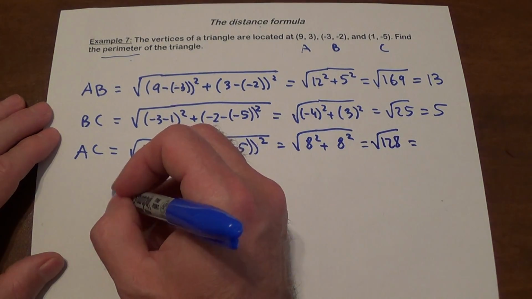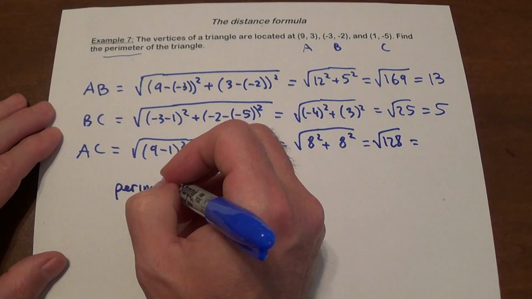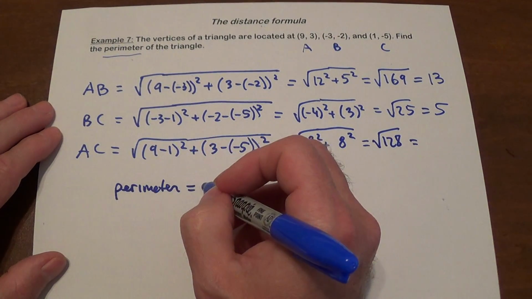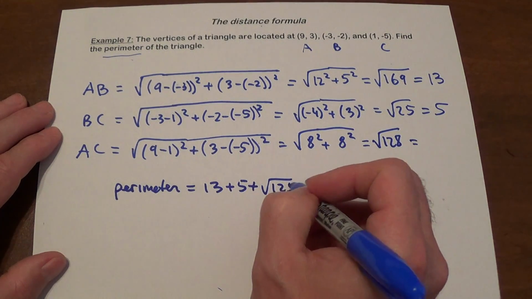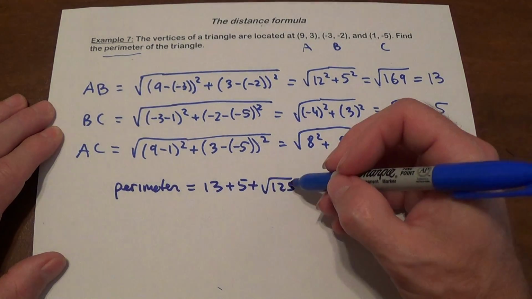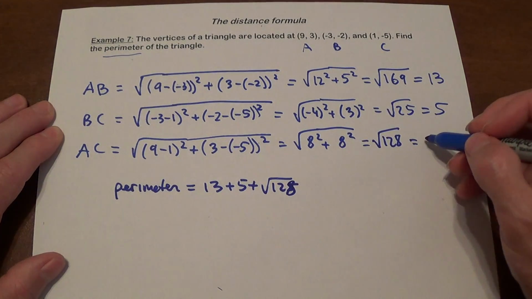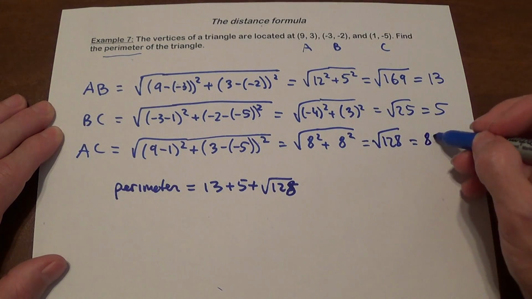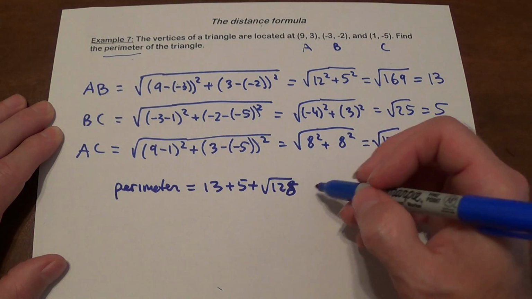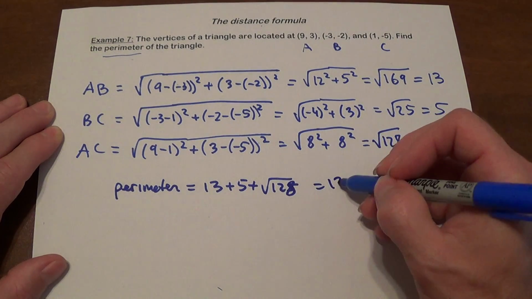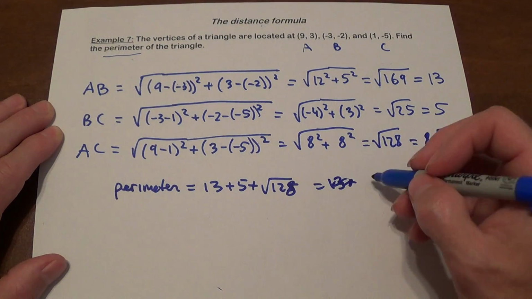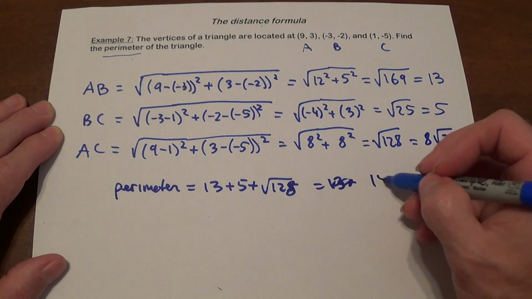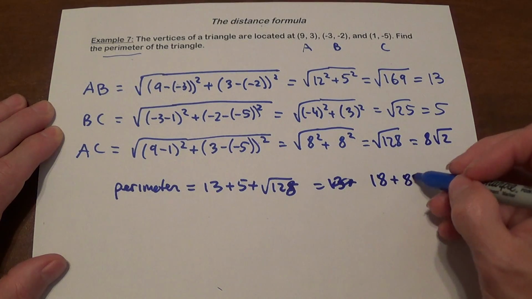So for the perimeter, we're going to do 13 plus 5 plus the square root of 128, which by the way simplifies as 8 square root of 2. So I can write that as 13 plus 5, 18, plus 8 square root of 2.